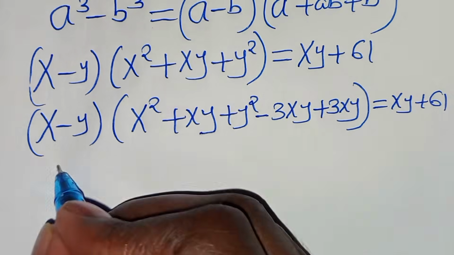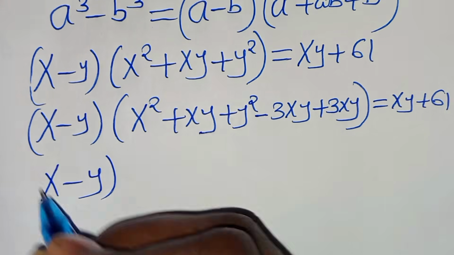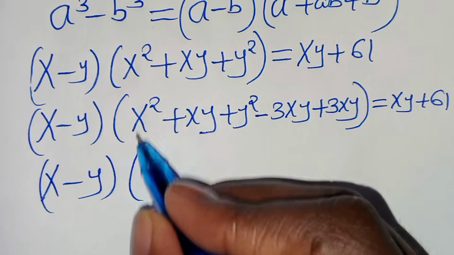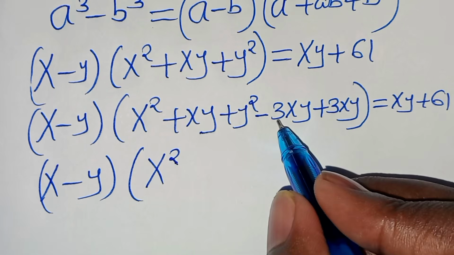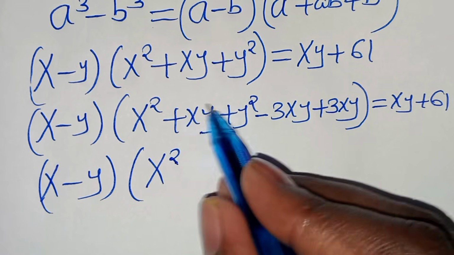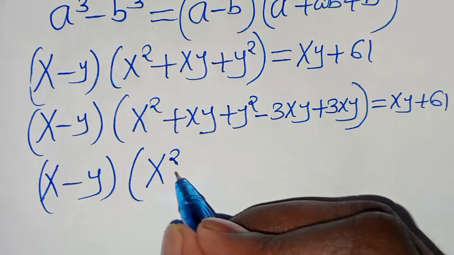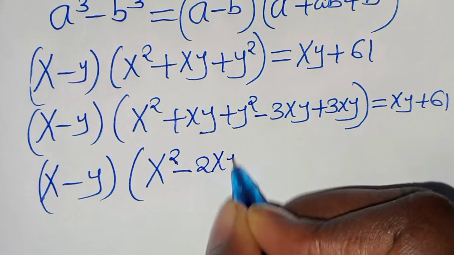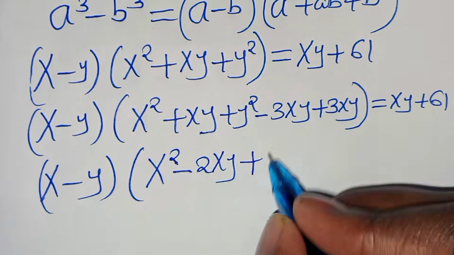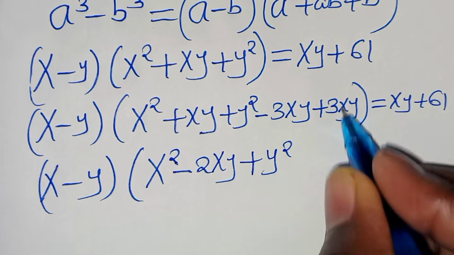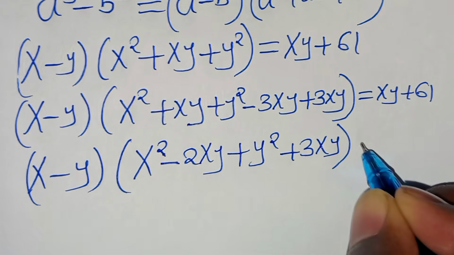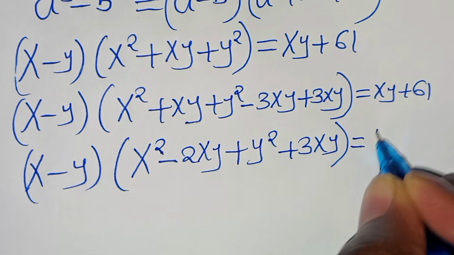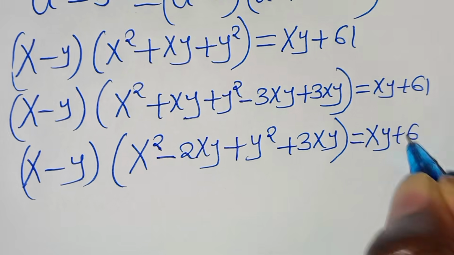So now we have (x minus y) times (x to the power of 2, then plus xy minus 3xy, this is minus 2xy, plus y to the power of 2, then plus 3xy), equal to xy plus 61.